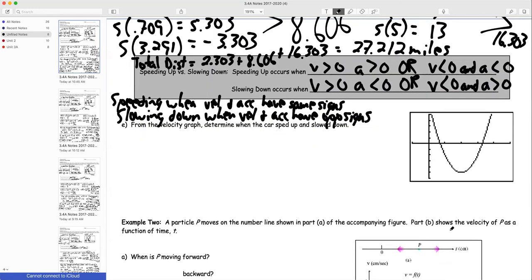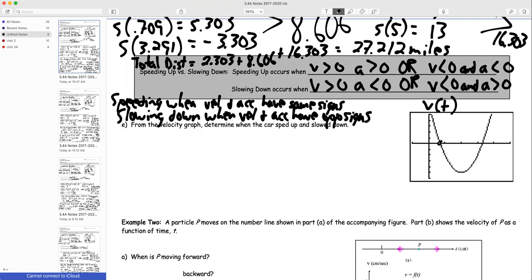From the velocity graph, determine when the car sped up and when it slowed down. Okay, so first thing I'm going to do is label this so that I do not get confused. This is the velocity graph. I know this, number one, because they tell me, but even if they didn't, it's quadratic, right? And the position function was cubic, so this has to be the velocity graph.